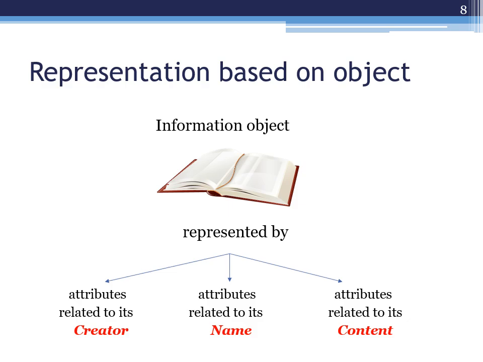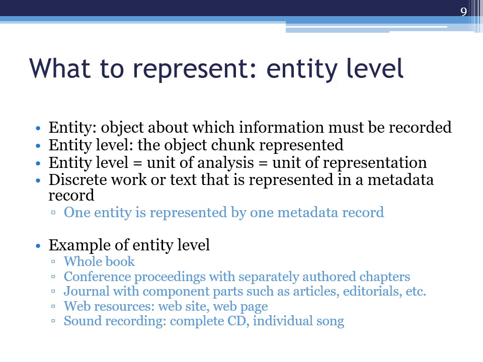An information object is represented by attributes related to its creator, name, and content, right? Its producer, its title, its subject or concept, right? So what to represent? At each entity level, it is the unit of representation that information must be recorded for.